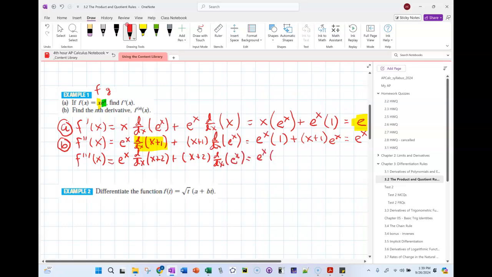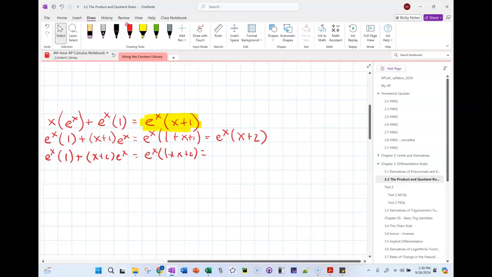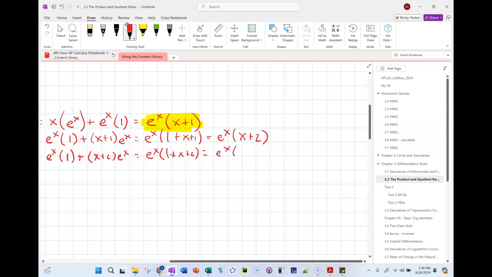The derivative of x plus 2 is just 1. The derivative of e to the x is e to the x. When I factor that e to the x out and then combine some like terms, I have e to the x times x plus 3.